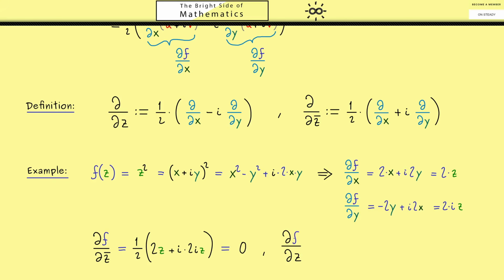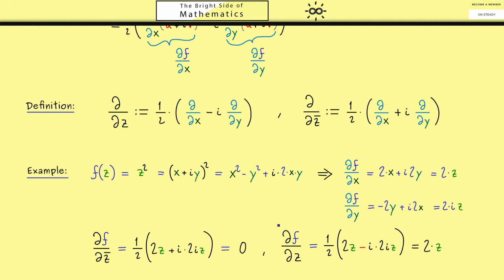Okay, then in the next step, it's not hard to calculate df dz. It's the same calculation as before, but now with a minus sign here. Therefore, in this case, in the parentheses, we have 2z plus 2z, and multiplied by 1/2 gives us back 2z. Also here, the result is not so surprising because it should give us the complex derivative of f.